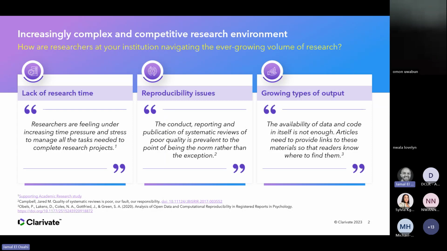So there are several challenges when you do research, and I'm sure those challenges are very familiar to anyone who does research. The first one is obviously lack of research time. Researchers are very busy doing so many things, not only research, which means reading, experimenting, collecting data, writing.